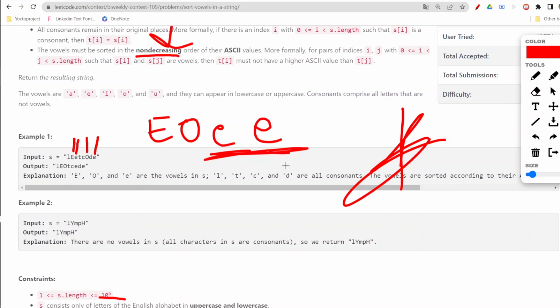After sorting, I again traverse the string, and wherever a vowel was there, I take the vowel from the sorted auxiliary space and put it at that position, whatever occurrences of vowels there are. That is the thing I would be doing. So this is the solution which we will now be coding.